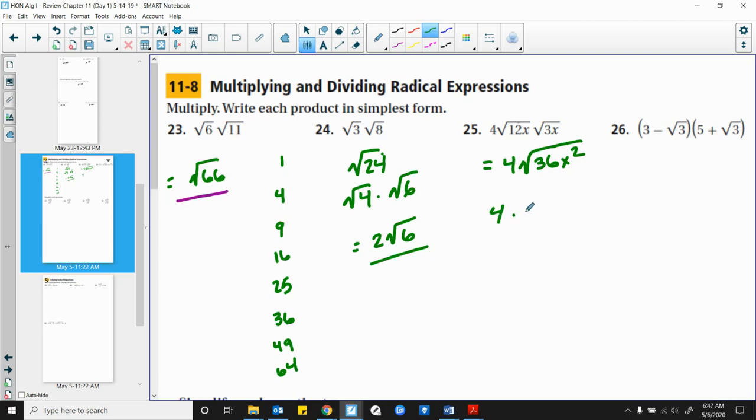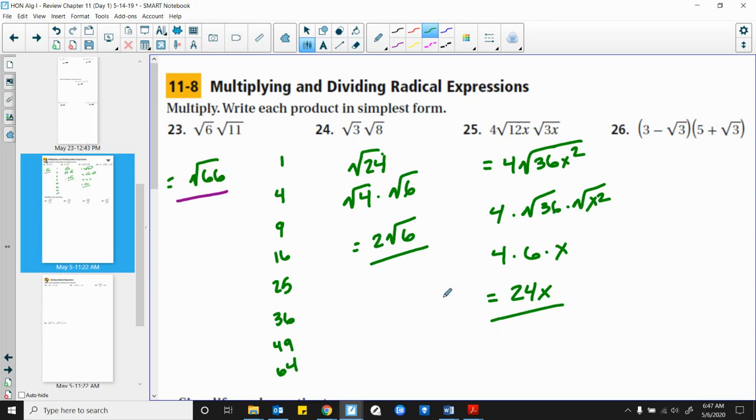So we'd have 4 times 36 times x squared, all under radicals. So that'd be 4 times square root of 36 is 6 times square root of x squared is just x. And 4 times 6 times x, the answer is going to be 24x for our answer there.